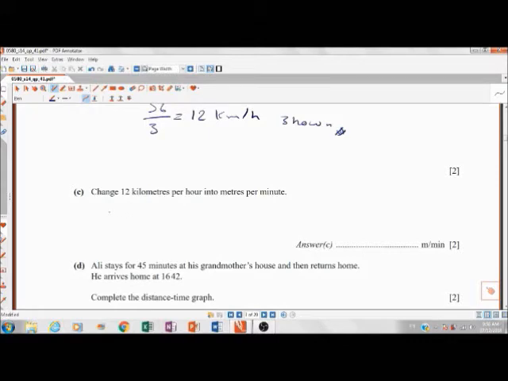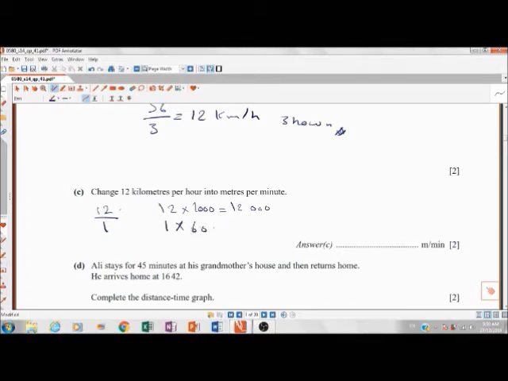Change 12 kilometers per hour into meters per minute. That's easy enough. When you say 12 kilometers per hour, it's 12 kilometers per 1 hour, so you change them separately. 12 kilometers changed to meters is 12 times 1,000, that gives you 12,000.